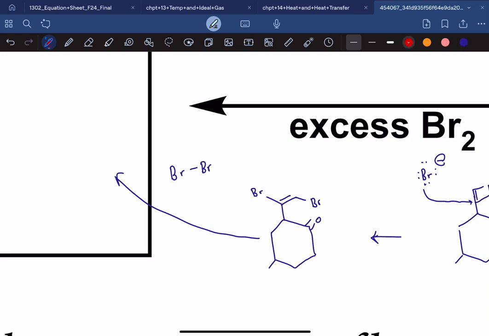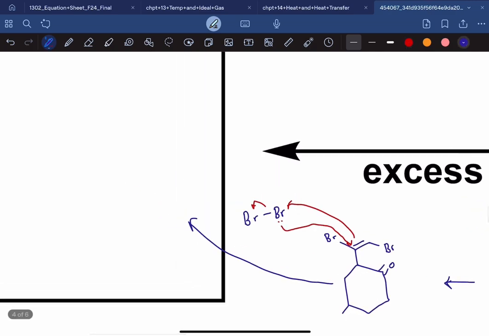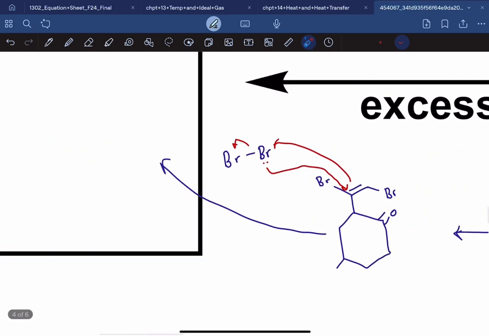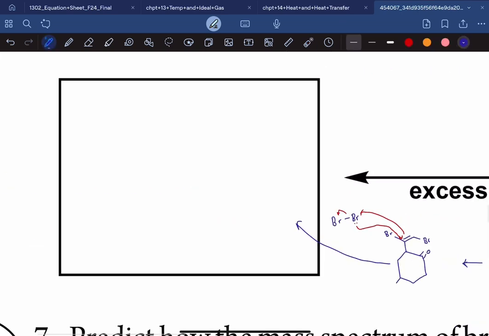This is going to attack here. And then this is going to attack here. And this is going to leave. And at the end of the day, it does the same process as this. It makes this ring structure. Then the Br minus breaks the ring. And all that ends up happening is you add another bromine to both positions. Let's go to the graph.